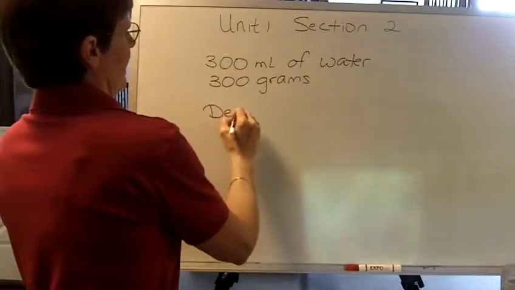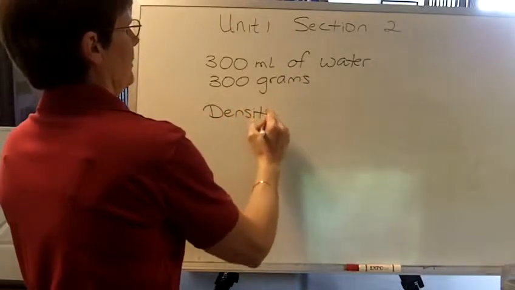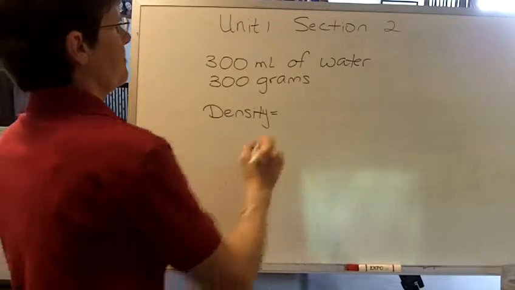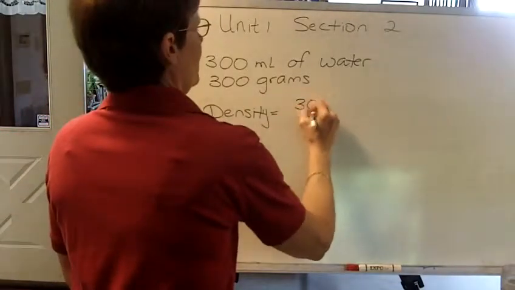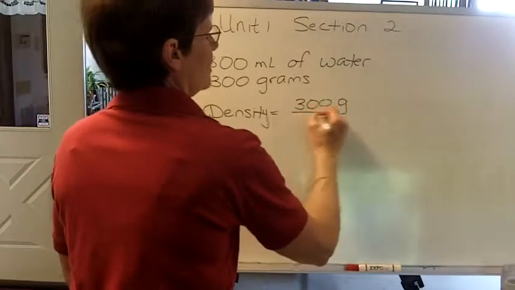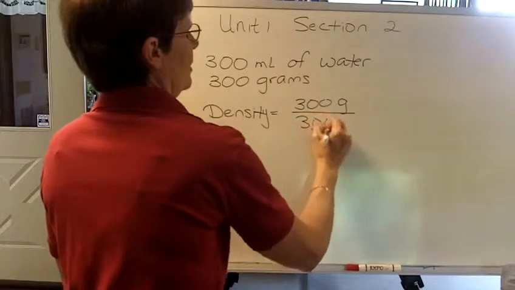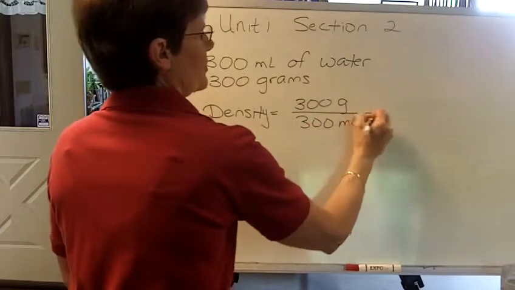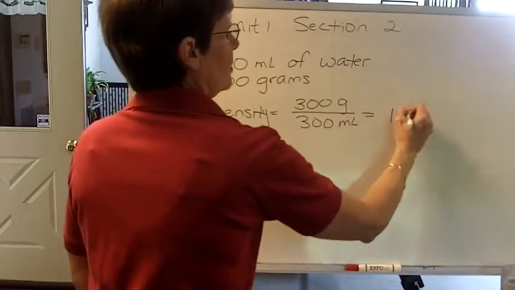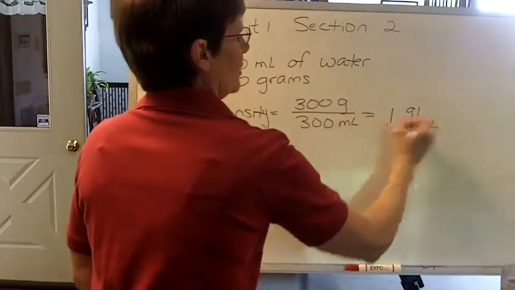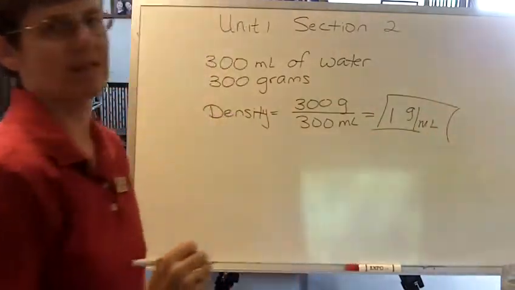So the density is equal to 300 grams divided by 300 milliliters. So this is going to be 1 gram per milliliter, and that is your final answer.